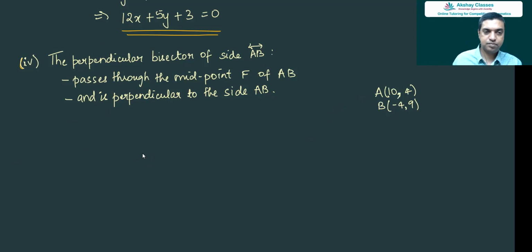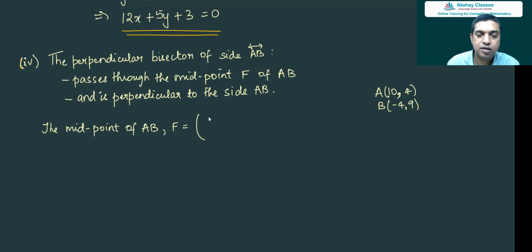Now first we can find the midpoint of AB. The midpoint of AB is x1 plus x2 by 2, y1 plus y2 upon 2.